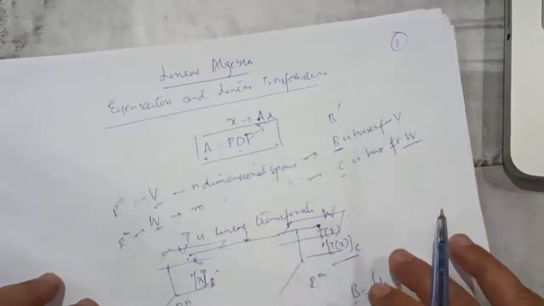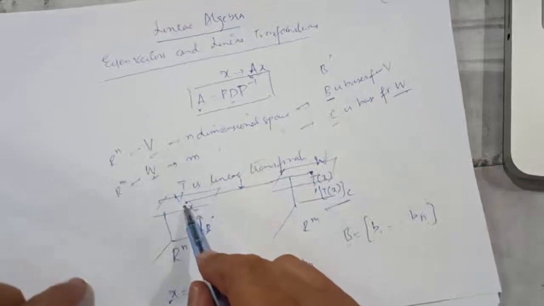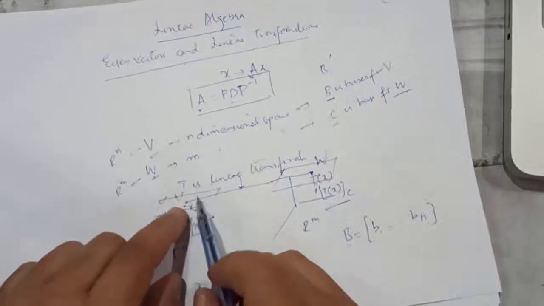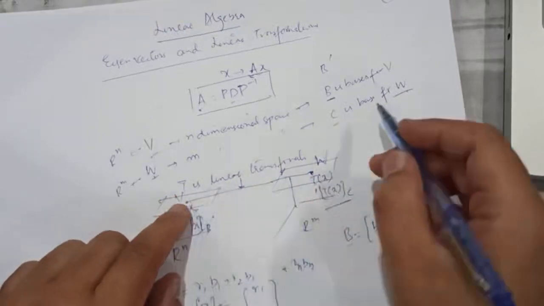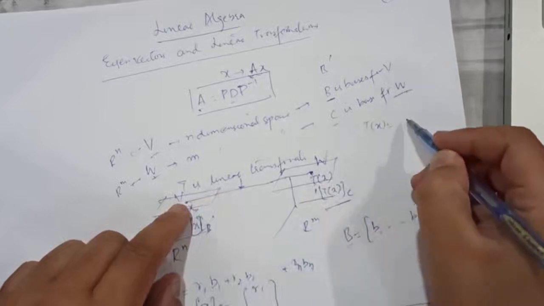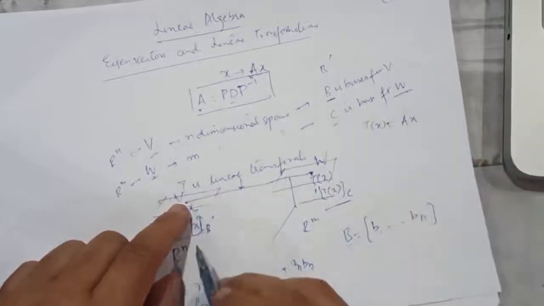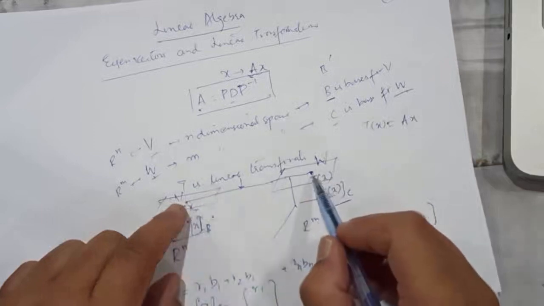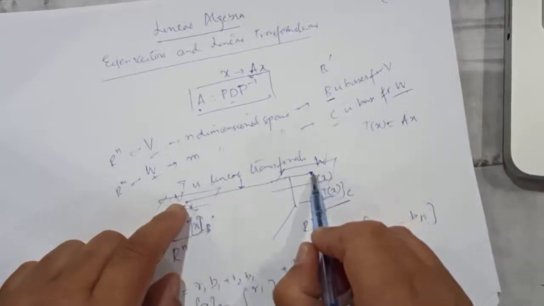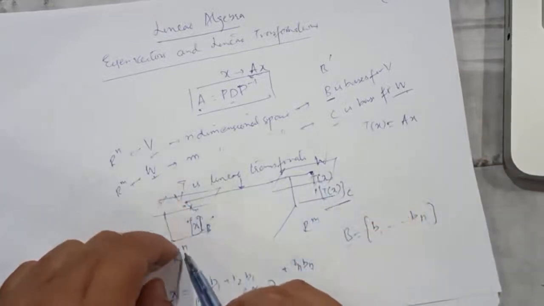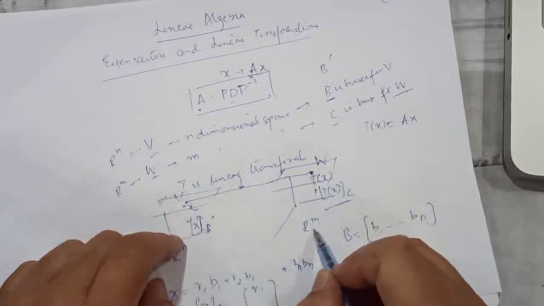Any point x here, if I apply the transformation T of x, which is actually written as A times x, will transform into another point in W. So this is R^n, this is R^m.